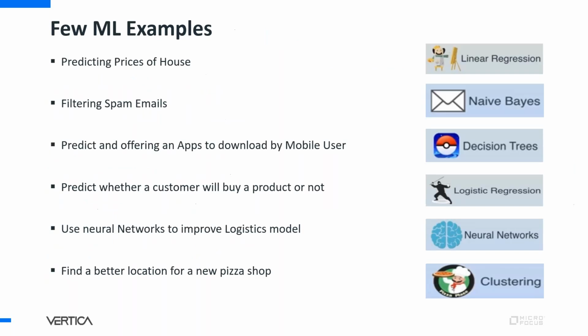I would like to showcase a little bit about what machine learning is. So machine learning is actually part of artificial intelligence. It enables a computer to read data from different sequences of events, and it learns from events.